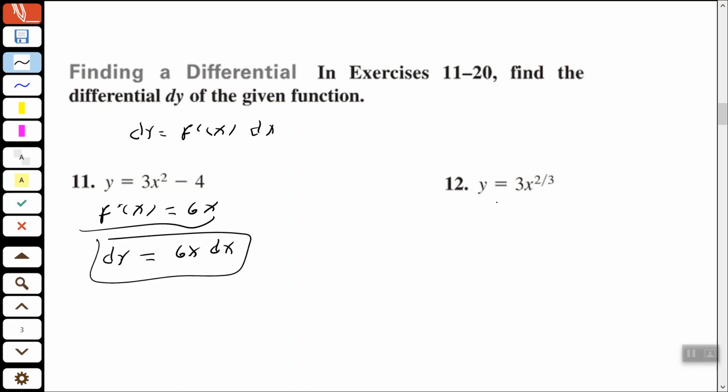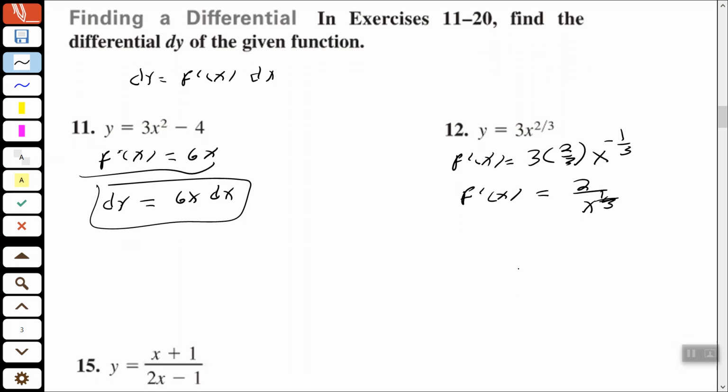On this one over here, we need to find f prime of x, which is equal to 3 times 2/3 x, subtract 1, which is the same thing as subtracting 3 over 3, so negative 1/3. So f prime of x equals 2 over x to the 1/3. dy equals 2 over x to the 1/3 dx.